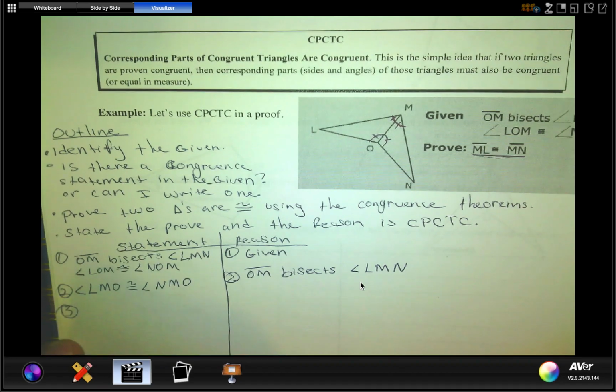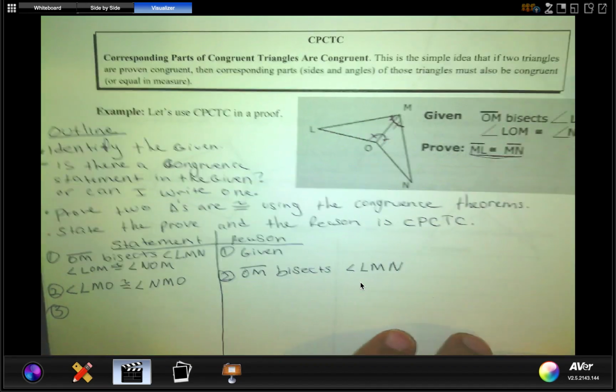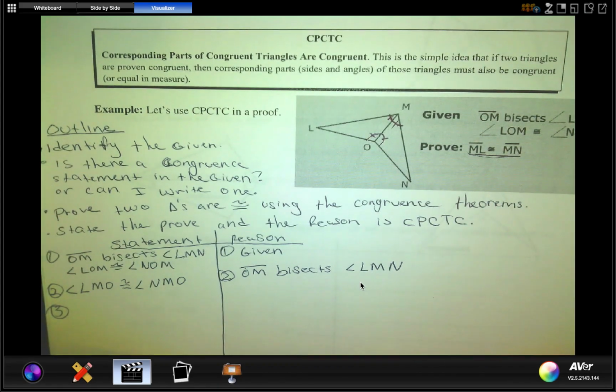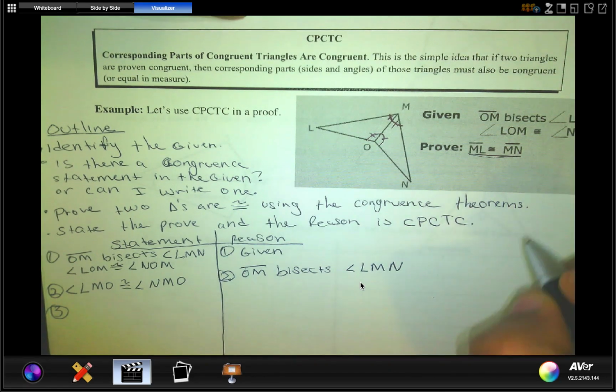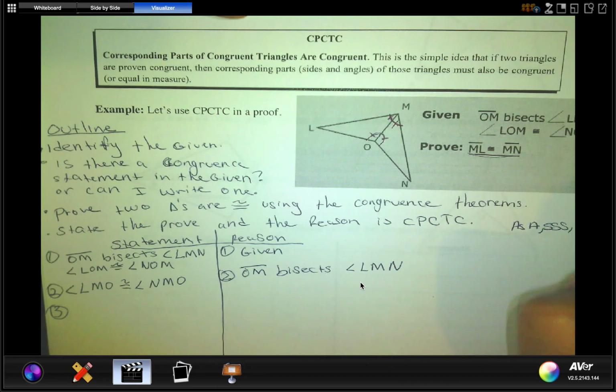Number 3. Okay. Well, now there are no more givens. I've used both of my givens. Check, check. Now it's up to me to decide, well, what else is congruent here? Well, it has to be a side for sure, because the only thing I know is that I have angle, side, side, or side, angle, side.